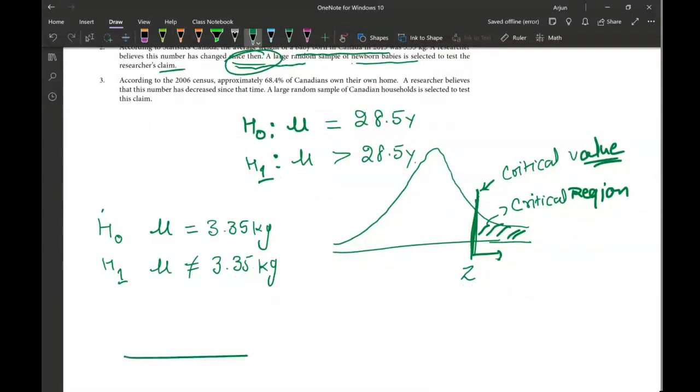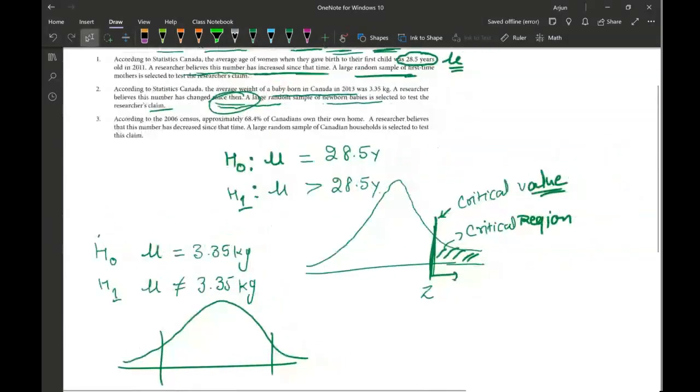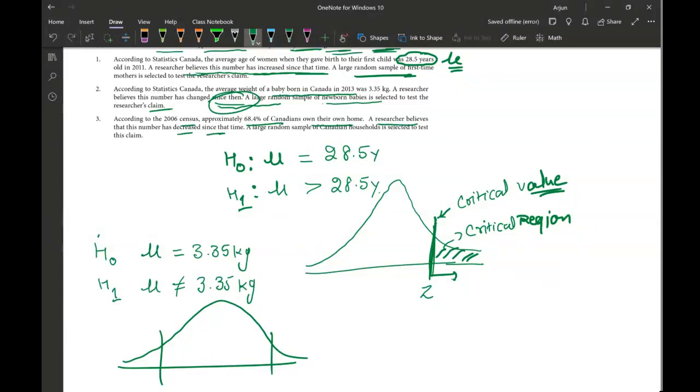If I were to draw the diagram for this one, it will be a two-tail. Now let's look into the third one. According to the 2006 census, approximately 68.4% of Canadians own their home. A researcher believes that this number has decreased since then. A large random sample of Canadian households is selected to test this claim.